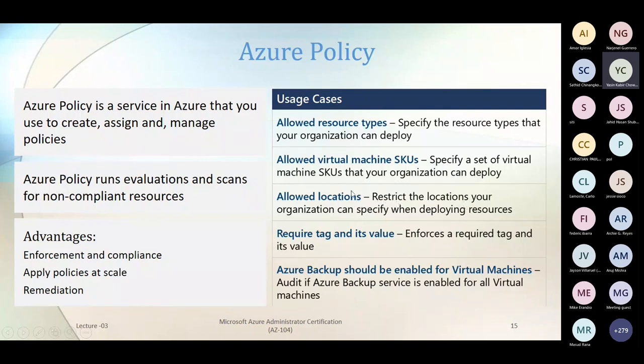Suppose you restrict users so that they cannot deploy any resources in, say, East US. Required tag and its value: suppose you enforce a policy that they must give a tag and value. Without that, no resource will be deployed.